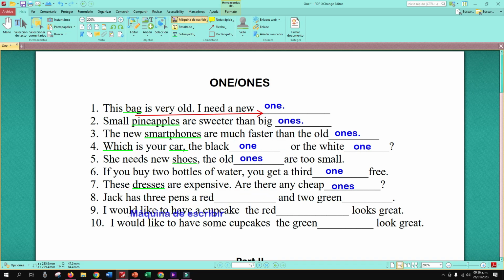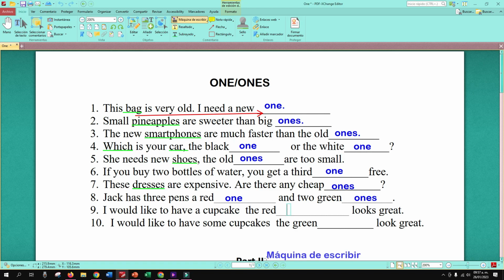Eight. Jack has three pens, a red one and two green ones. Two green ones. Perfect. I would like to have a cupcake. The red one looks great.